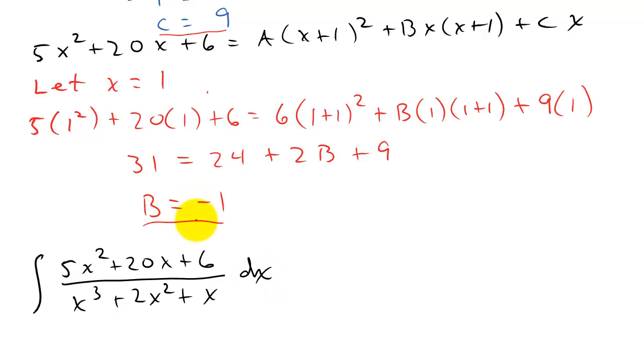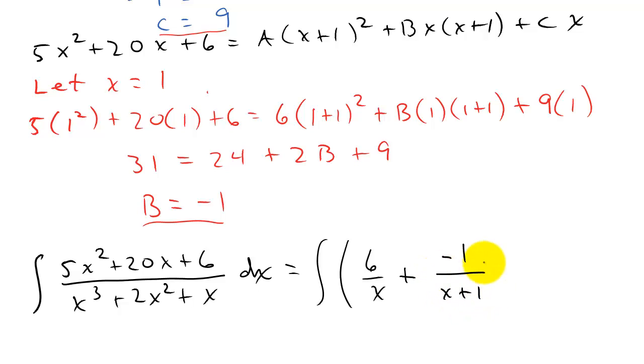Now I'm going to plug in the values I got for a, b, and c. So this is equal to a over x, and a was 6, plus b over x plus 1, and b was negative 1 over x plus 1.